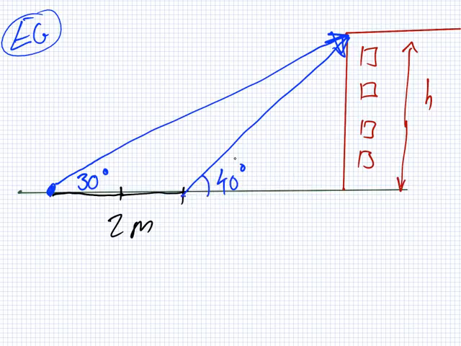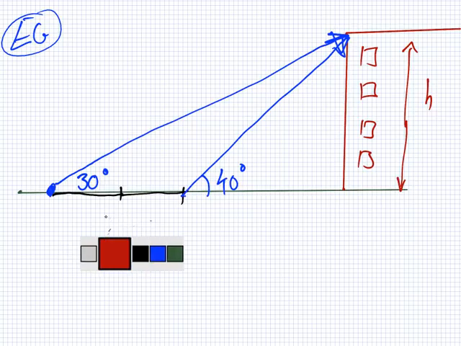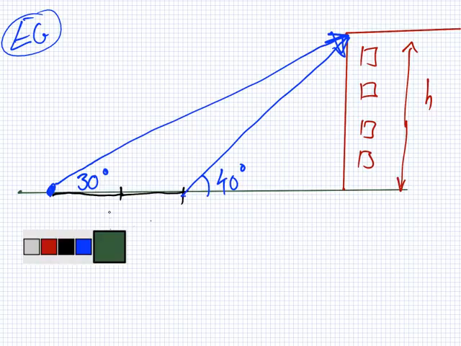So first, just draw this, please. And if possible, try to use 2 colors. I'll use blue for the information I give you, and red for the information we find.